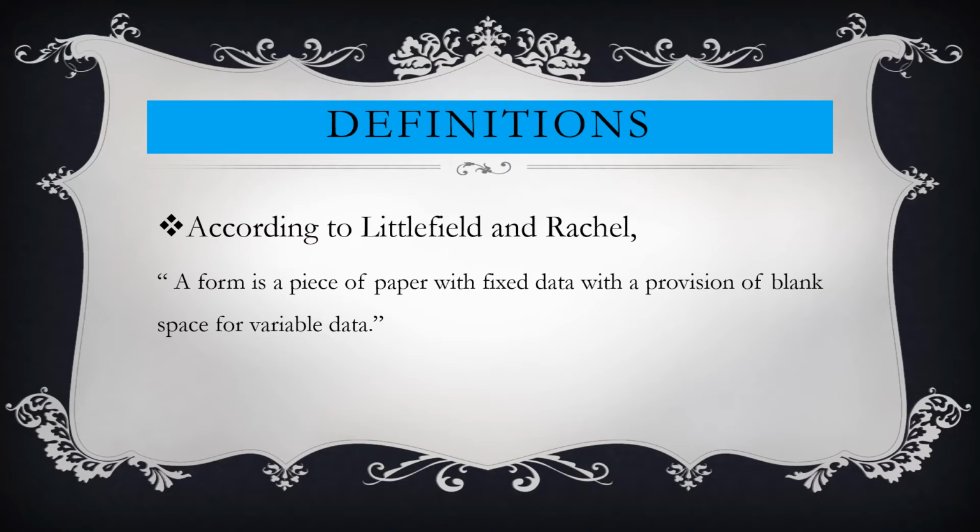Definition of form. According to Littlefield, a form is a piece of paper with fixed data with the provision of blank space for variable data. The form is printed paper which provides space for records, information and instructions to other individuals and departments.